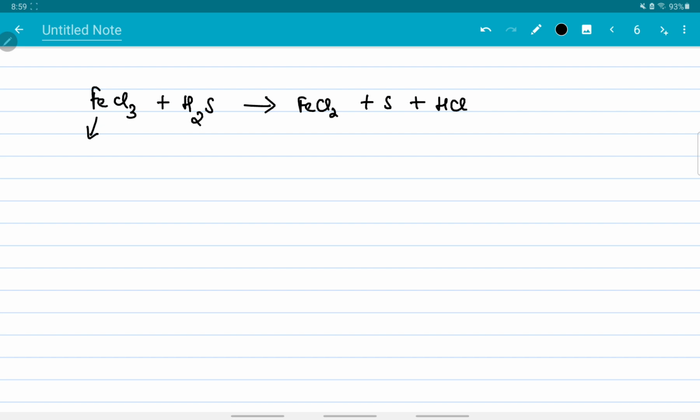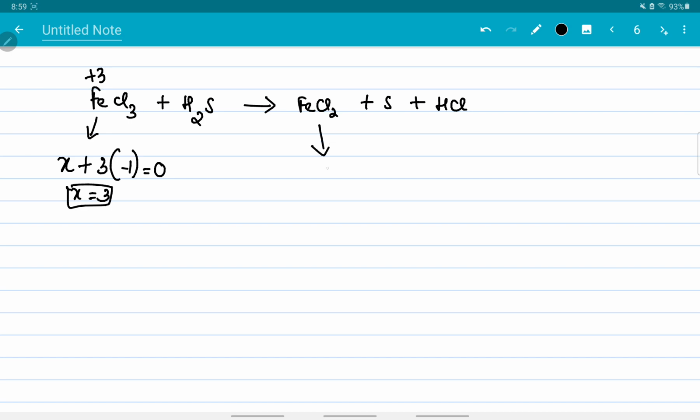If you take X as iron, plus there are 3 chlorine atoms, so 3 times the chlorine oxidation number, which we take as -1, and this will be equal to 0 because there is no specific charge on the whole compound. When you solve this, X becomes 3. That means the oxidation number of iron over here is +3.